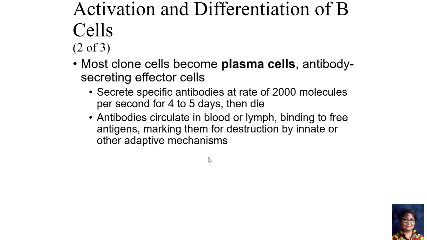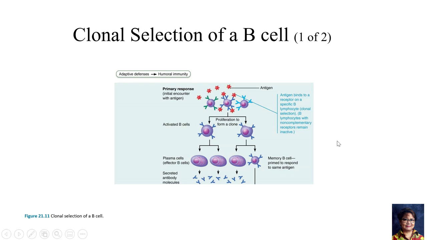So the antibodies circulate in the blood, binding to free antigen, marking them for destruction by innate mechanisms or other adaptive mechanisms.